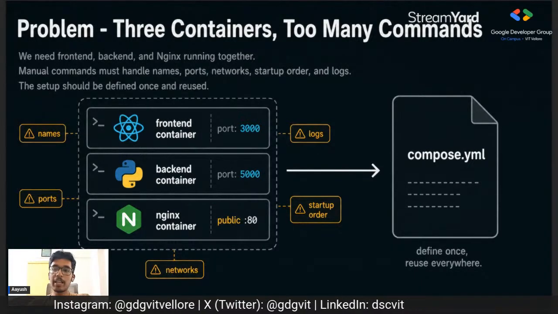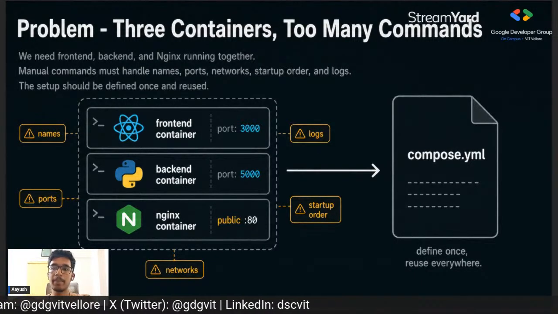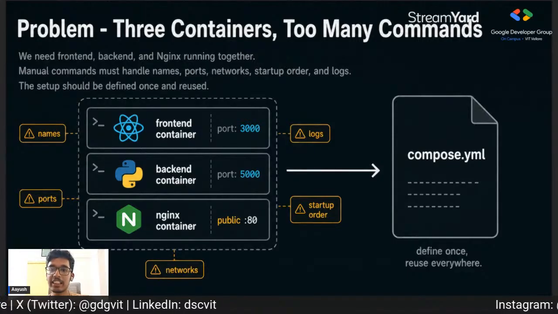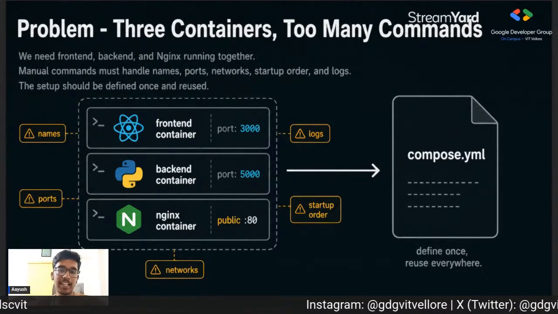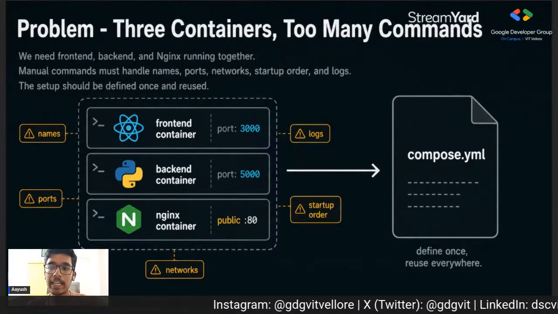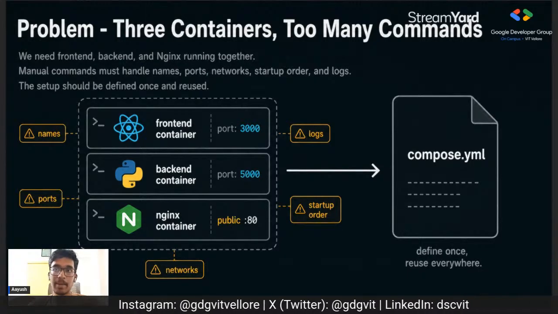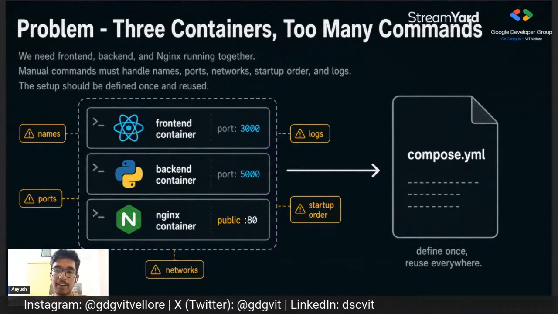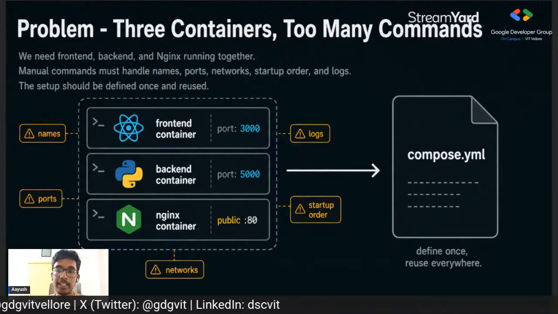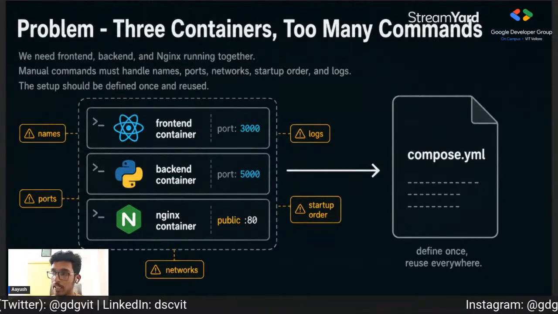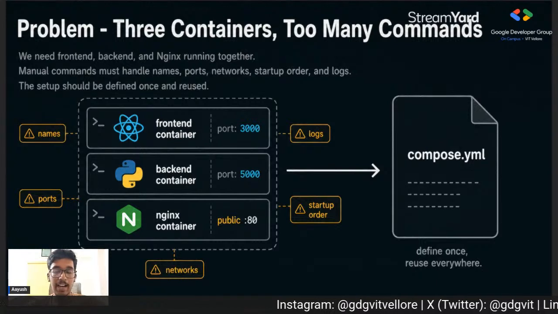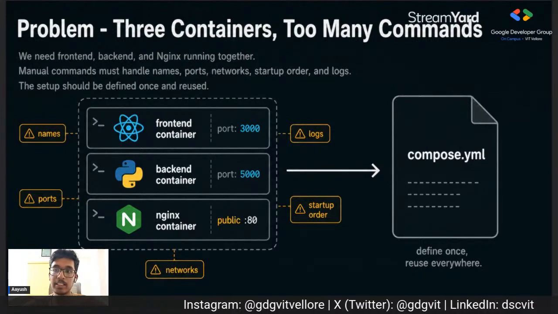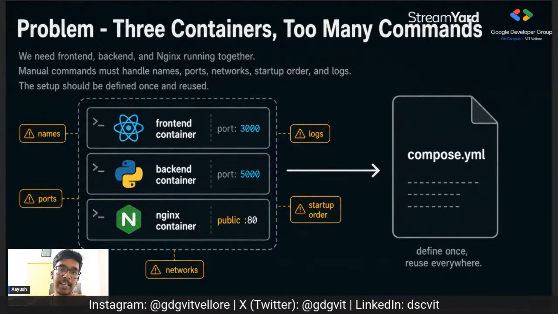Now you guys might be thinking three services might be easy to manage. I can just do Docker run for front end, Docker run for back end, and Docker run for Nginx. But let's say I have a database, a cache, a backend with three workers, an AI service, and multiple other services for logs and stuff like that.